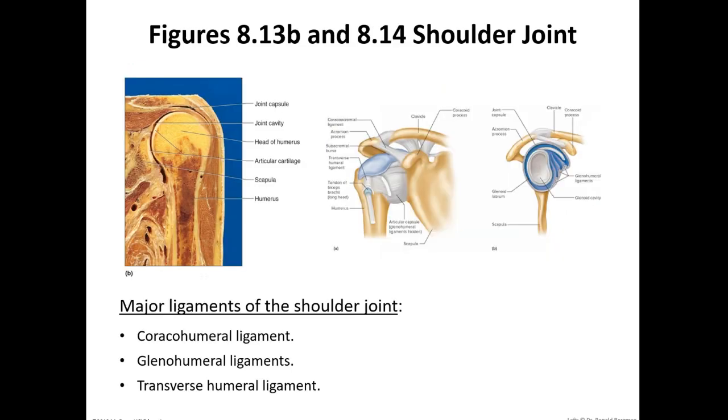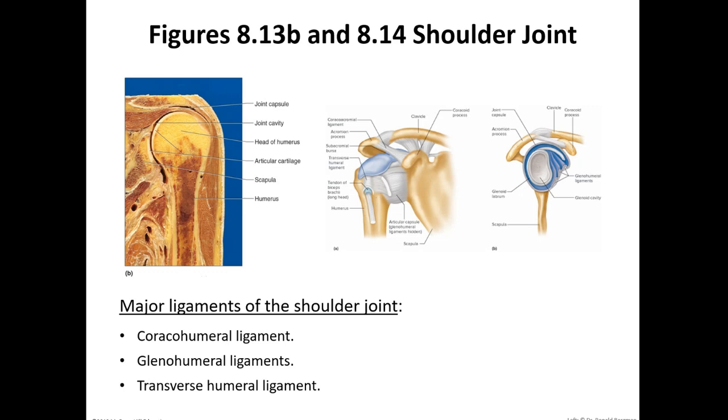Here's another slide showing us a real image of a cadaver showing the humerus bone and the cavity called the glenoid cavity of the scapula. You can see this is a real image, class.